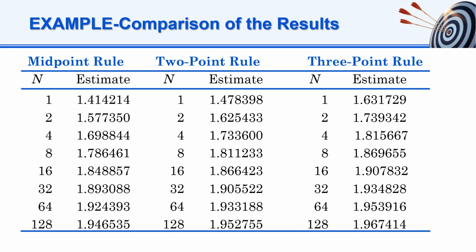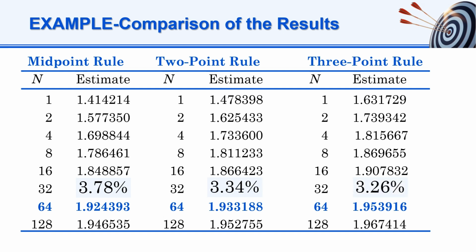Notice that in all three cases, the estimates slowly approach the true value of 2 due to the singularity of the integrand. The relative true errors of the estimates obtained in the case of n equals 64 subregions are 3.78%, 3.34%, and 3.26%, respectively.